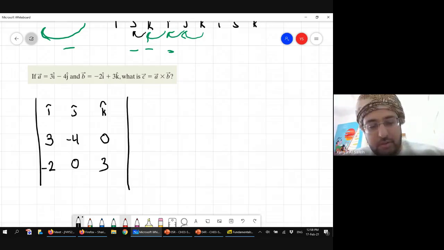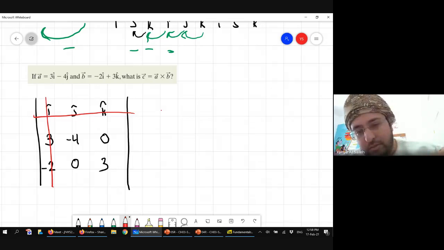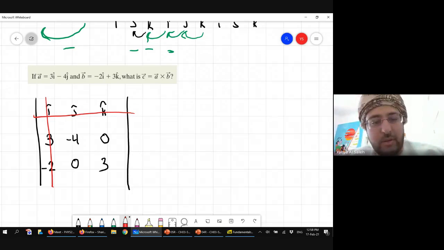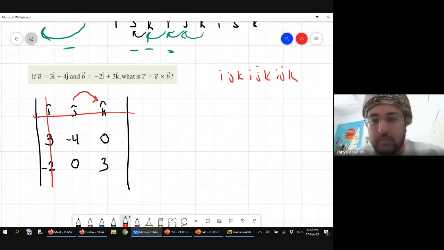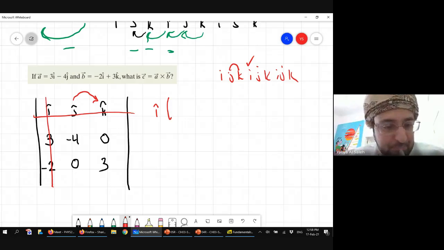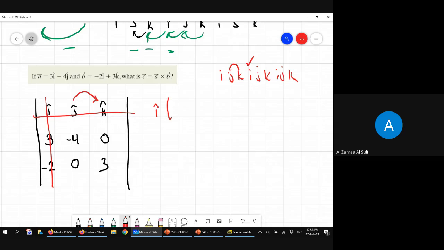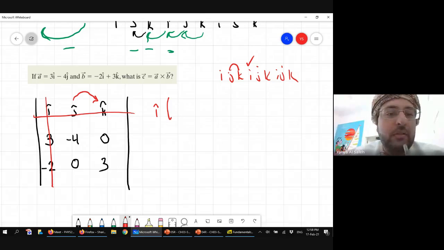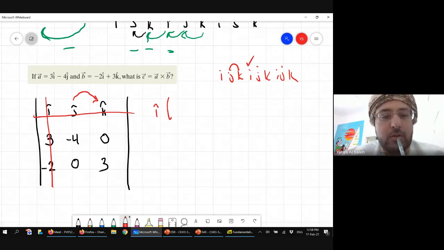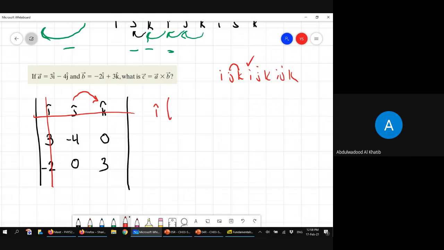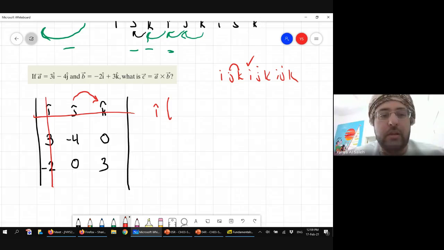Let's start. Bismillah. First we do the i. Why did we do the i first? Because we do j cross k. i, j, k, i, j, k. j cross k is plus i, so I put i. Where is zero? Because there is no k component in the first one, the k component is zero. In the second one there is no j component, so the j component is zero. How did you know j cross k is required? Because we crossed out i, so we go like this, j cross k.